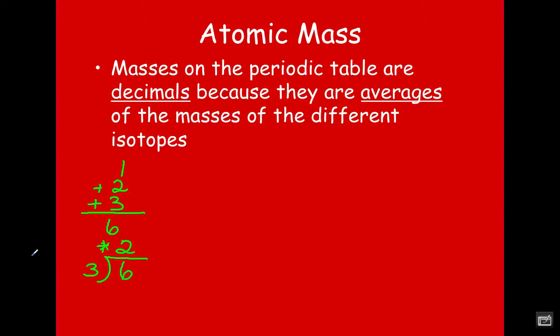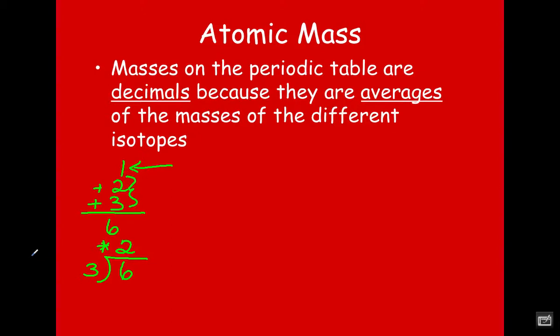What happens here is that this isn't just a normal average, this is actually a special average. Kind of like how your grade is calculated, where your tests and quizzes count more, 80% of your grade, than your homework does at 20%. Basically, we look at how much of each type of element is available. And in this case, I have a lot more hydrogen with a mass of 1 than I do the other two.